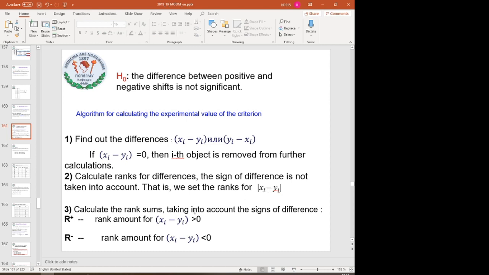After giving ranks, we should remember which differences were negative and which were positive, and summarize the ranks for positive values and negative values.